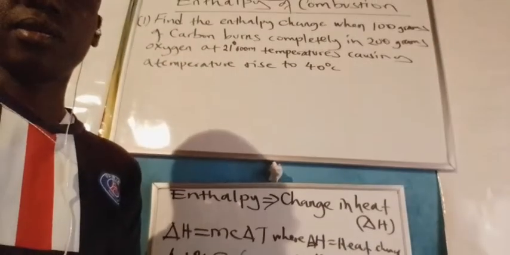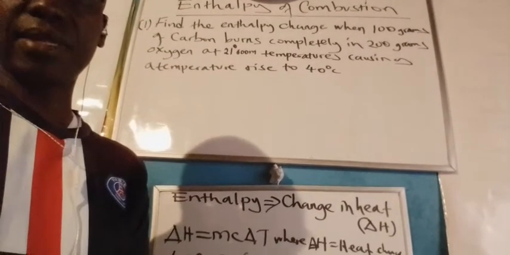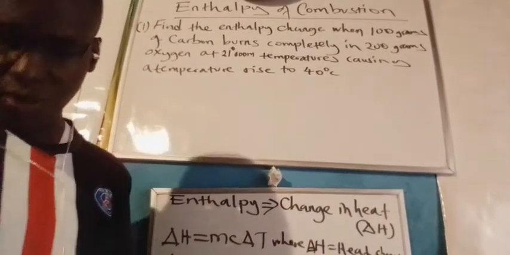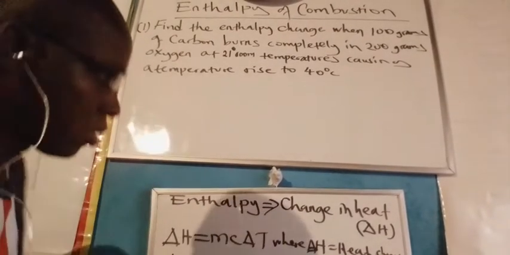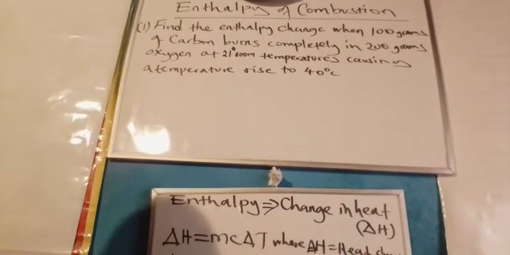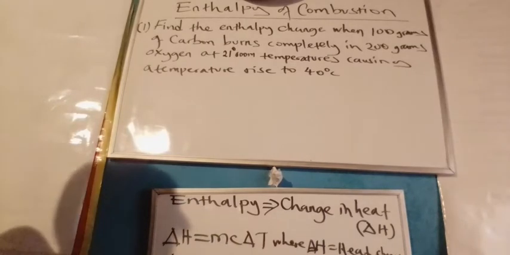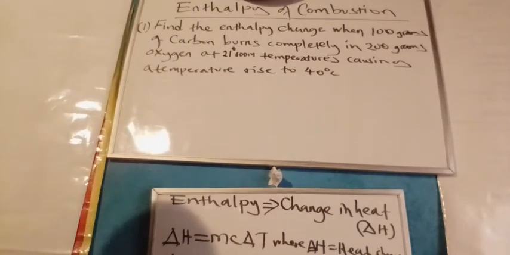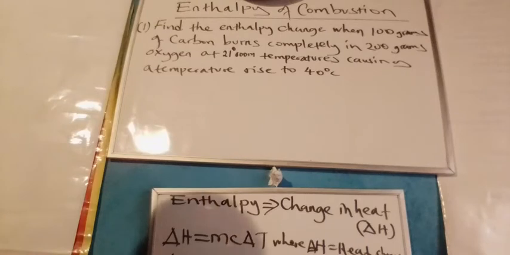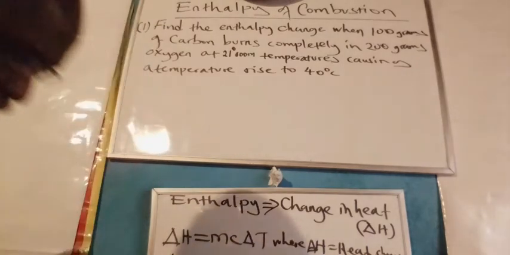Next, we have a brief challenge there. And in this challenge, we are being asked to compute or find the enthalpy change when 100 grams of carbon burns completely in 200 grams of oxygen at 21 degrees room temperature, causing a temperature rise to 40 degrees Celsius.